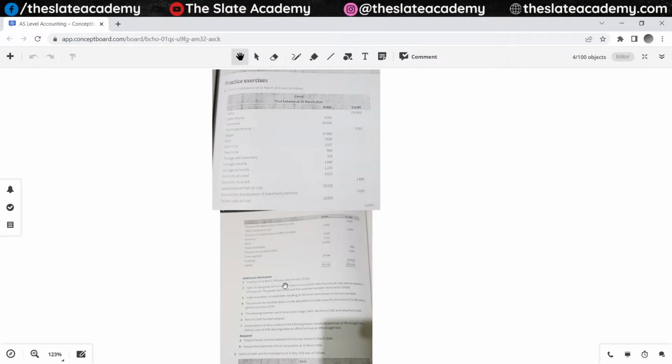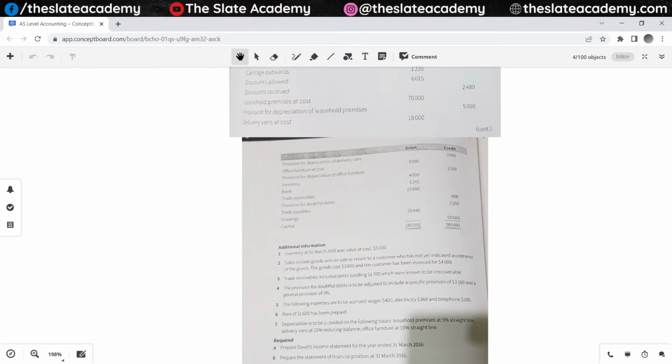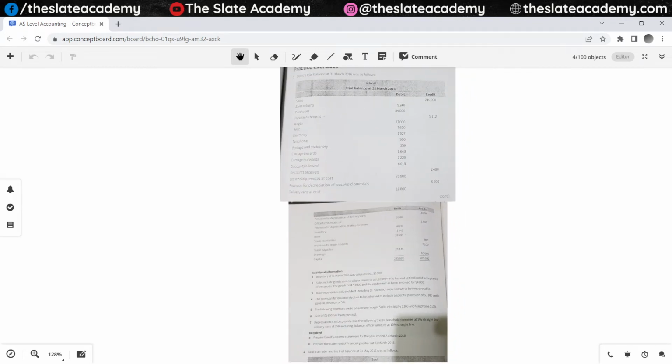So for example, we are given these 5 or 7 points as additional information. As a result of each point, there could be a double entry. What you have to remember is that each adjustment would have a double impact, a debit impact and an equal credit impact. So how about you read this complete question first, and then in a minute or two, when you have read the entire thing, we can go on and solve it.